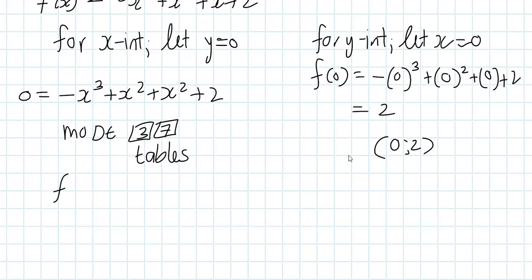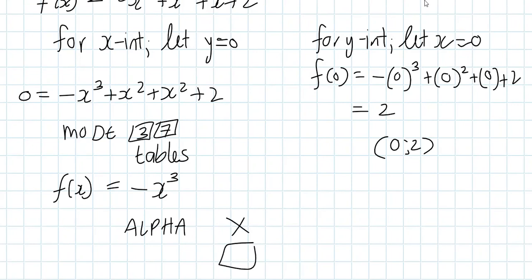And this is going to give us f of x equals, and here you've got to type your function in. You type in minus x cubed. So you press alpha, and then you see a red X above the bracket on my calculator.